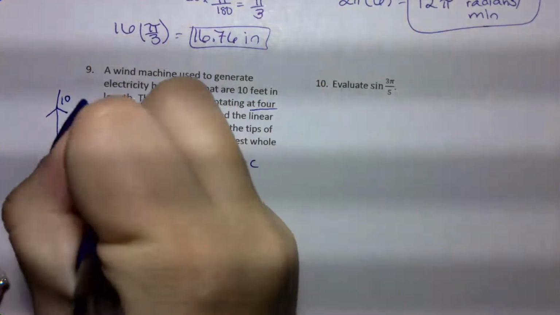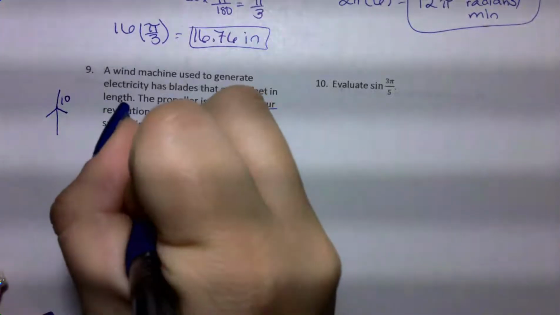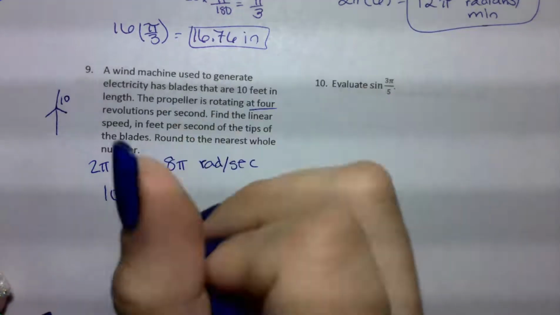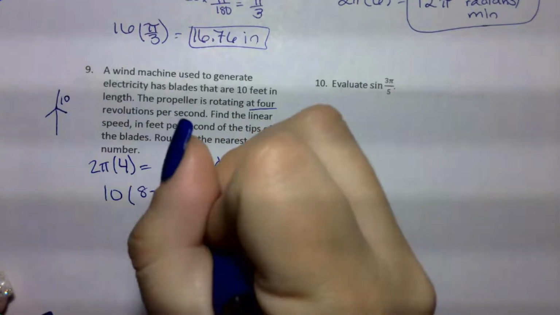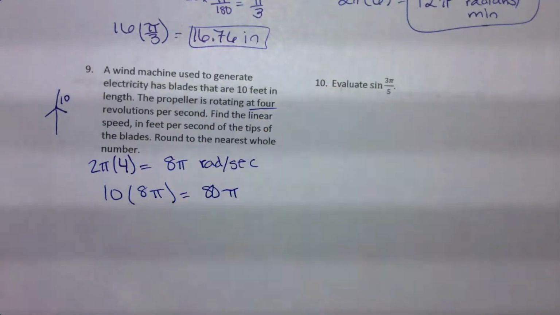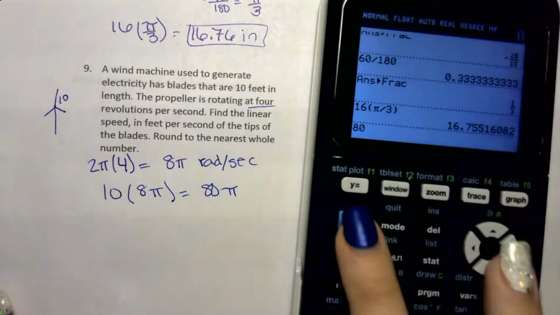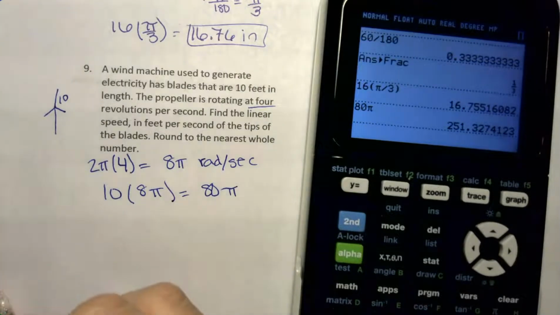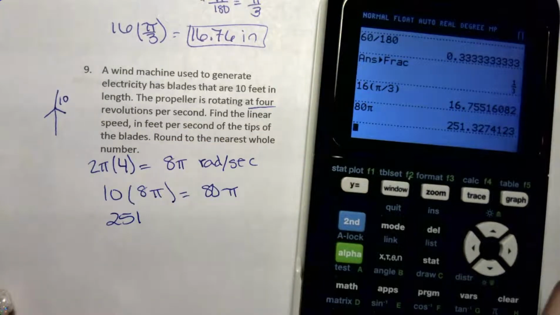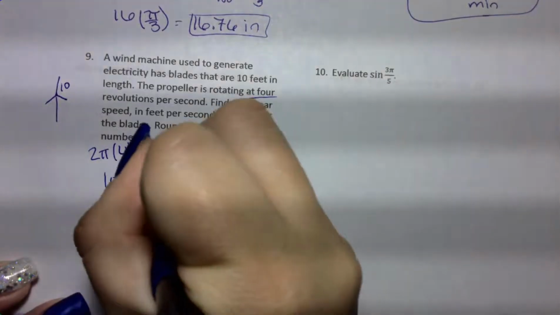So I'm going to take the 10 and multiply by my radians per second, which is going to give me 80 pi. Oh, and I want to type this one in the calculator because it wants me to round to the nearest whole number. So 80 times pi gets me 251. Then because this is linear speed, I'm going to use my units from my radius, which was feet per second.